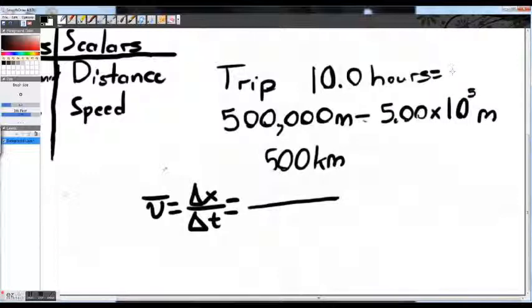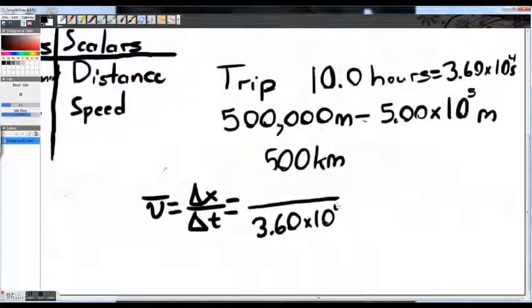So what we have here is 3.60 times 10 to the 4th seconds for 3 significant figures. Then 5.00 times 10 to the 5th meters divided by 3.60 times 10 to the 4th seconds.